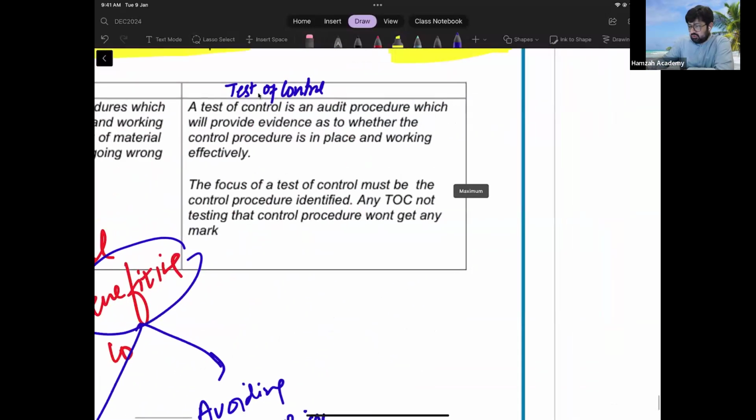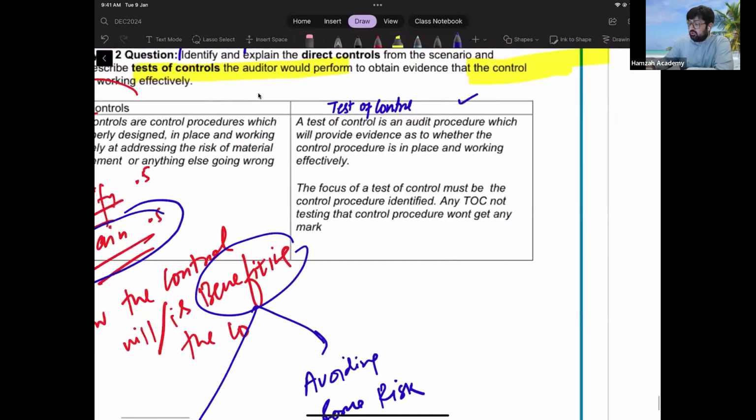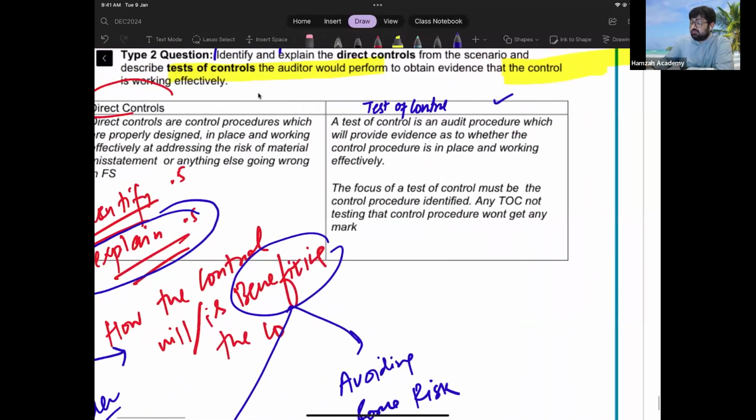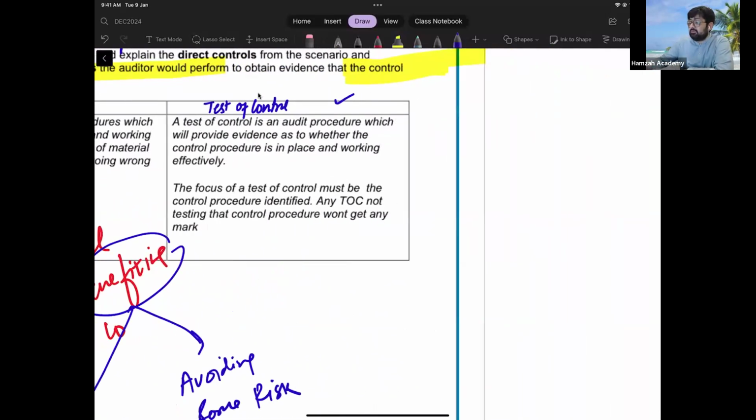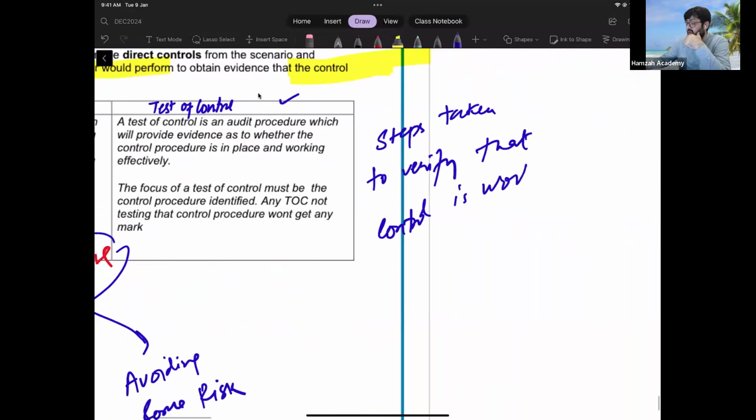So test of controls. These are steps taken to verify that the control, which we identified, is working properly or not. So whatever the auditor does to verify the control is working or not.